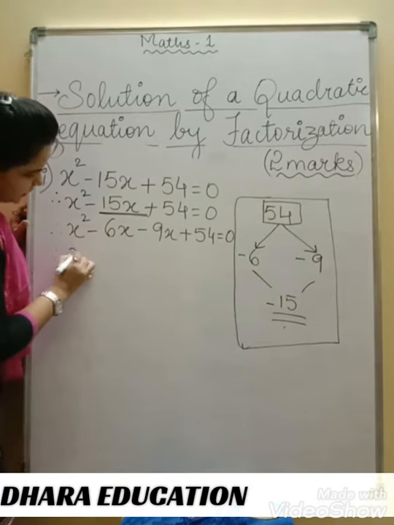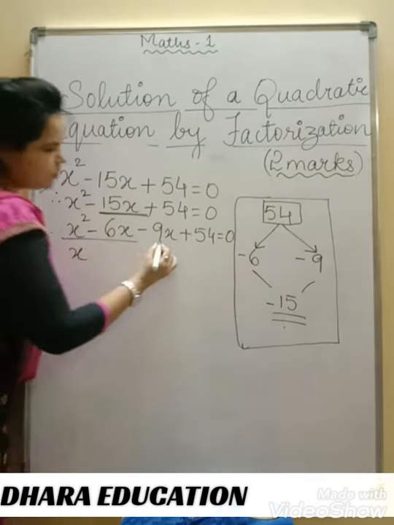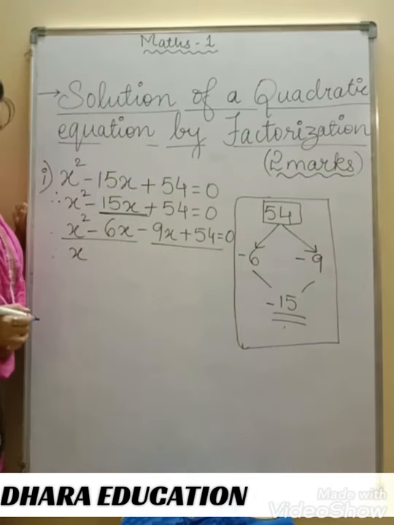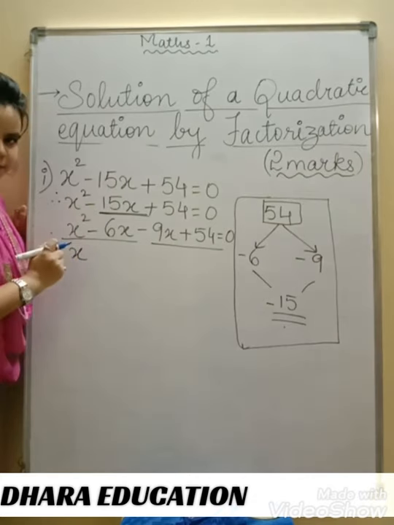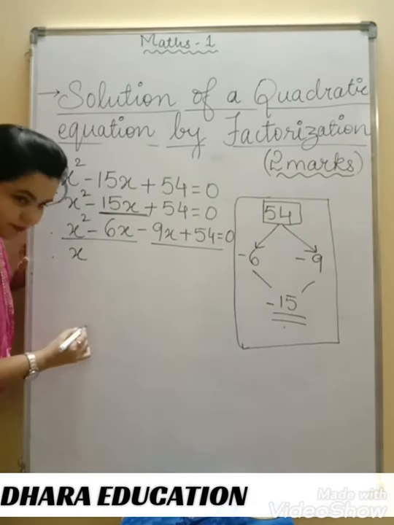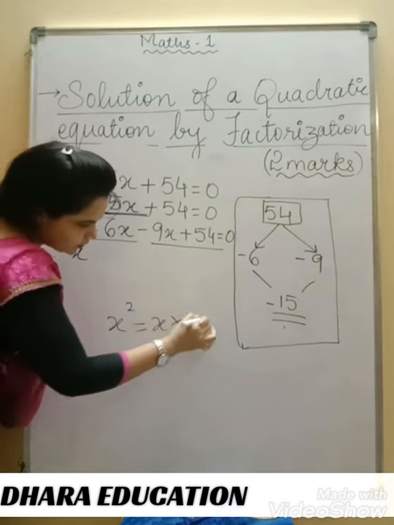We will write x. What is common over here? These two are the terms, right? What is common over here? Exactly, students, the x is common over here. Because if I am talking about, for example, x square, it means x multiplied by x.